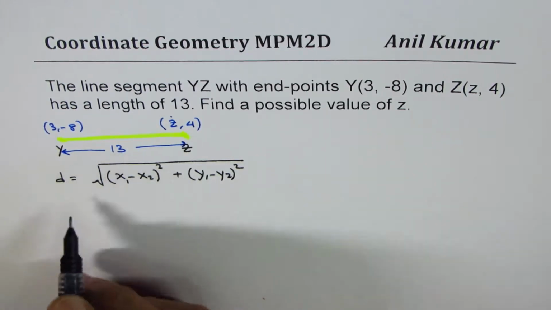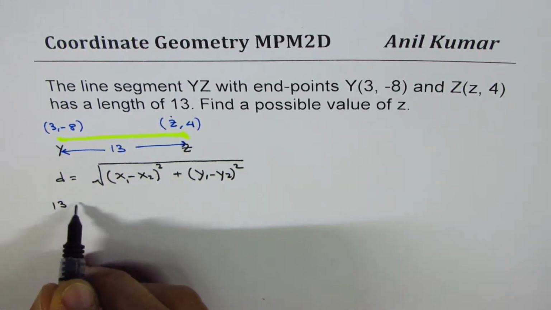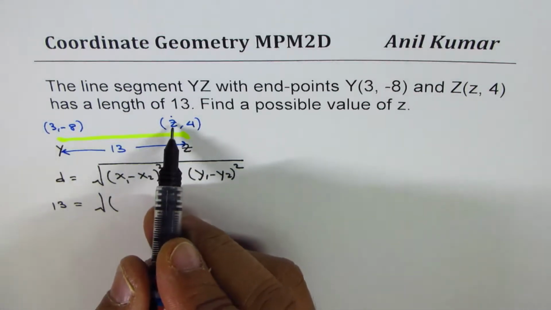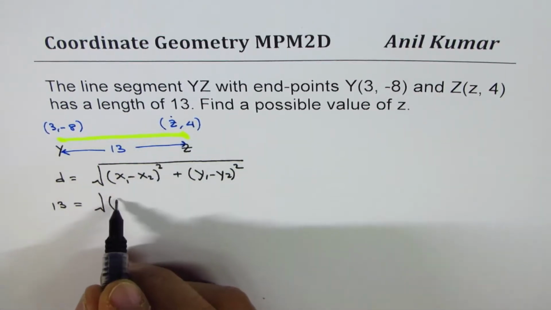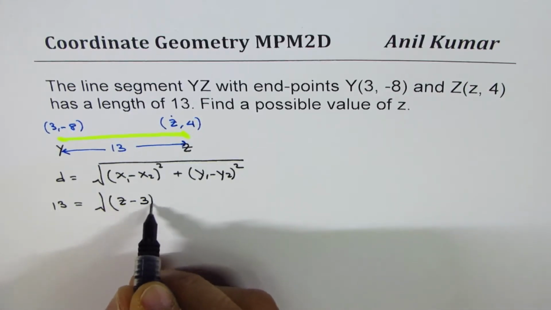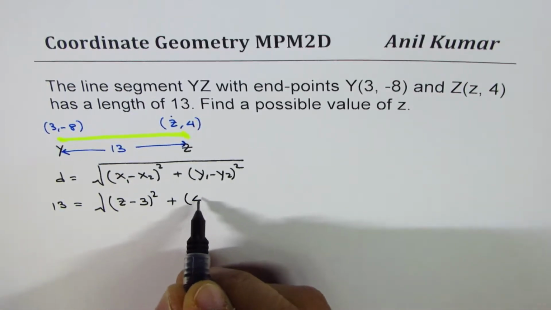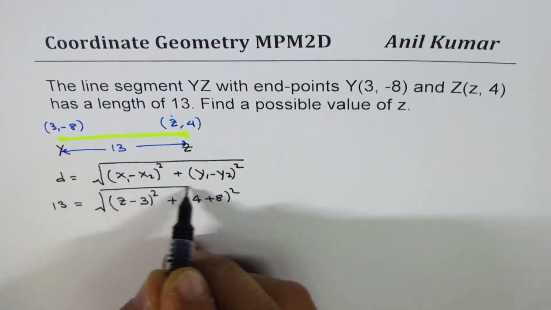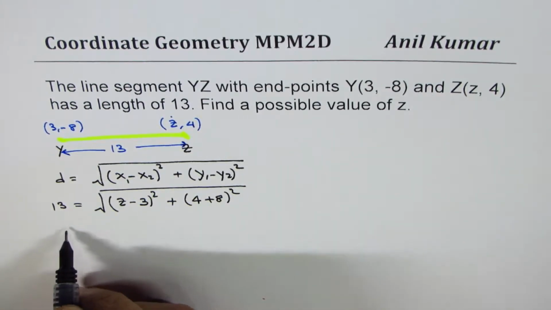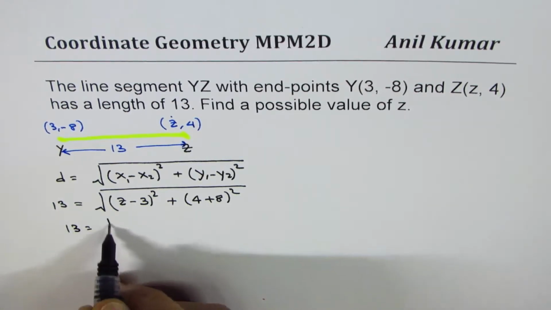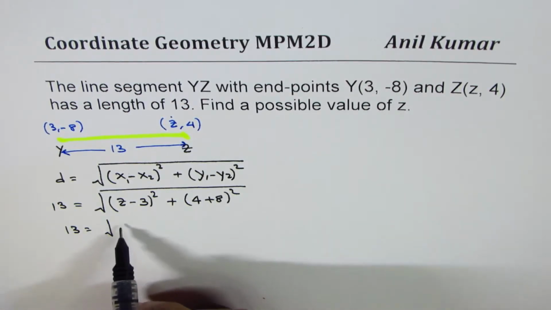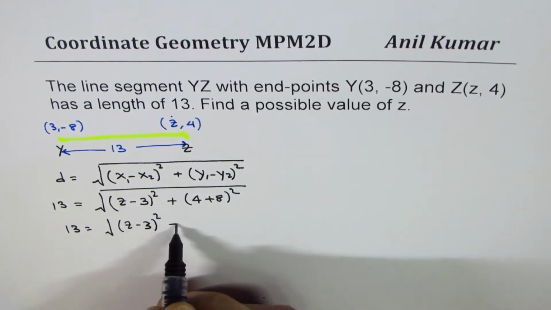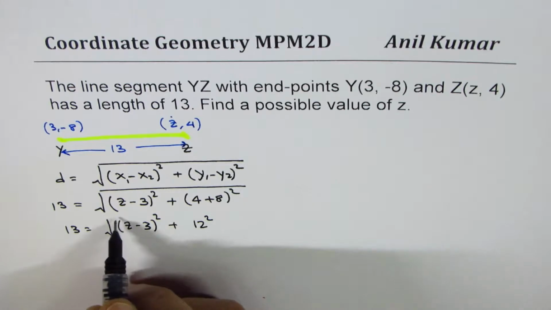So distance is known as 13, so we'll write 13 equals the square root of (z minus 3) whole square plus (4 minus minus 8, means plus 8). Perfect. We get 13 equals the square root of (z minus 3) whole square plus 12 square.